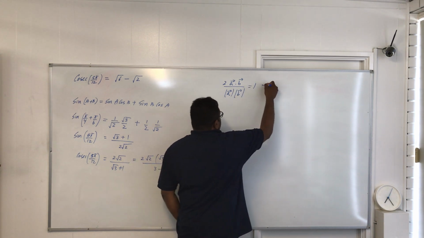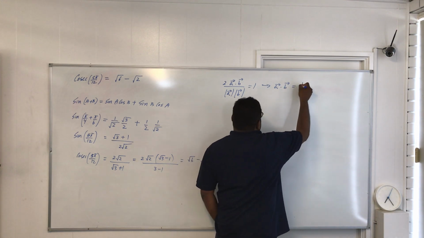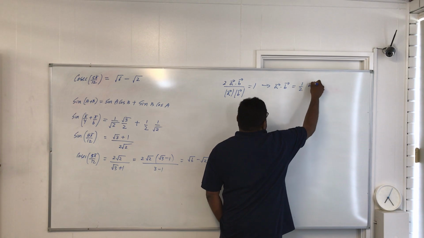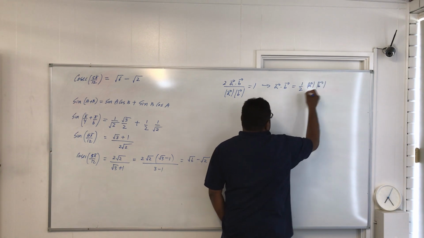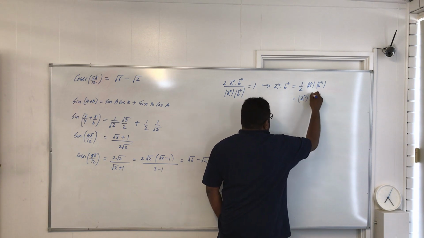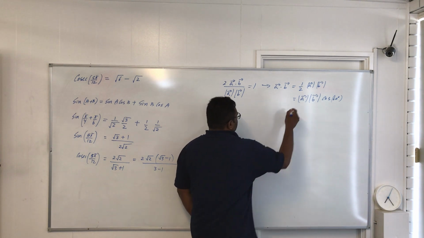So this makes sense. Why? Because you cross multiply, so it's going to be half. So this is going to be cos 60, right?